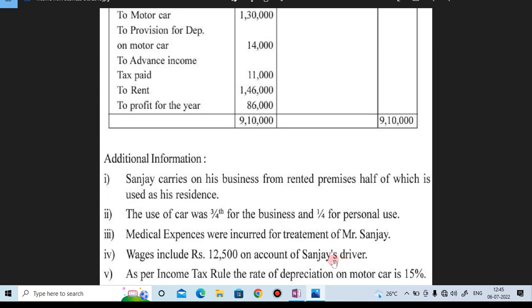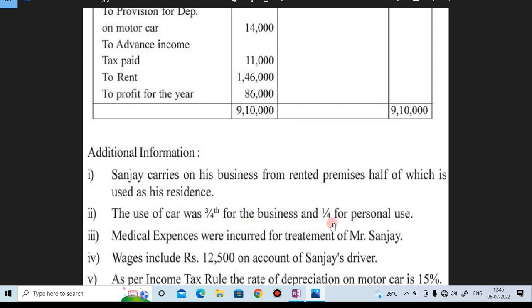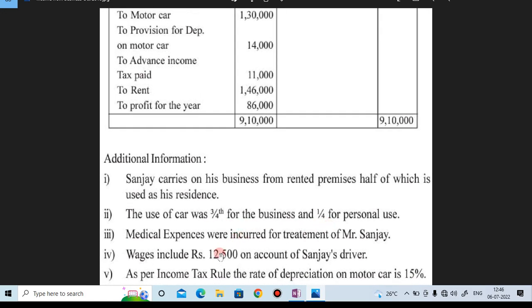Motor car. Okay. So now for this fourth adjustment we have to refer to adjustment number 2. So adjustment number 2 is what? The use of car was 3/4 for the business and 1/4 for personal use. So that means from this 12,500 which is given as wages to the driver, the driver has used the car for the business 3/4, and 1/4 is for personal use.